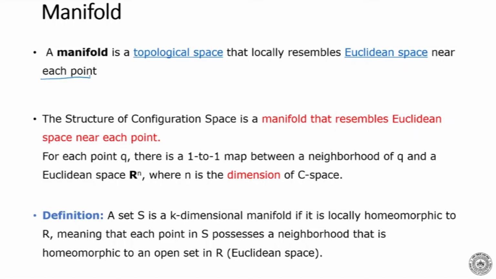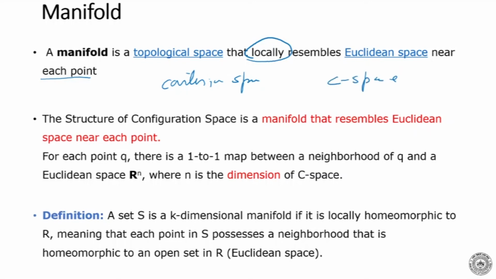It is locally, not globally. That is, all throughout it may not represent Euclidean space, but at local points it does. For example, Cartesian space and a C space.